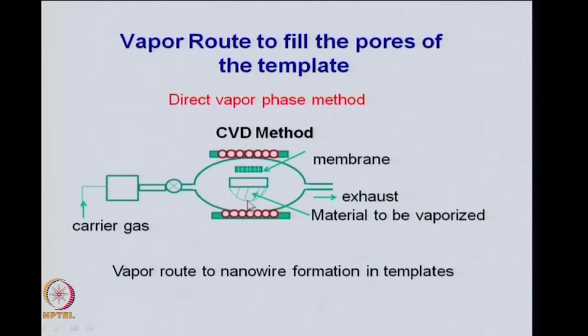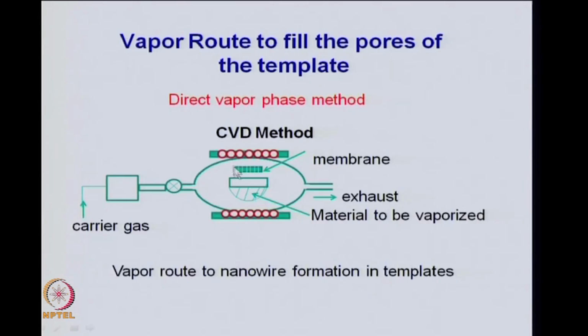So, when you are heating the furnace, then material from here will vaporize and fall on this membrane. Okay. And there is a carrier gas coming from here, which keeps the pressure on this side. So, nothing will go on this side, and so whatever vapors are being produced.